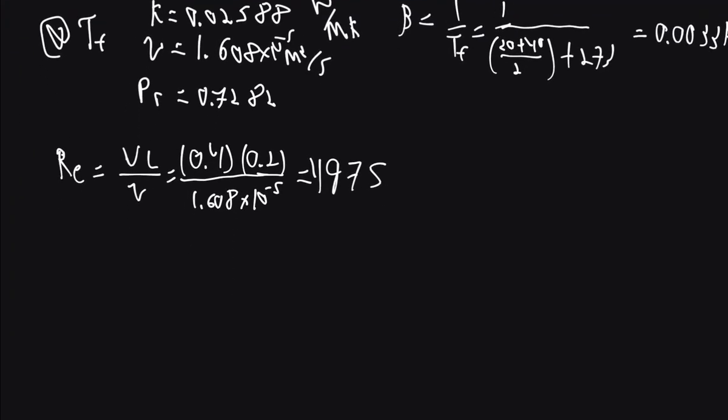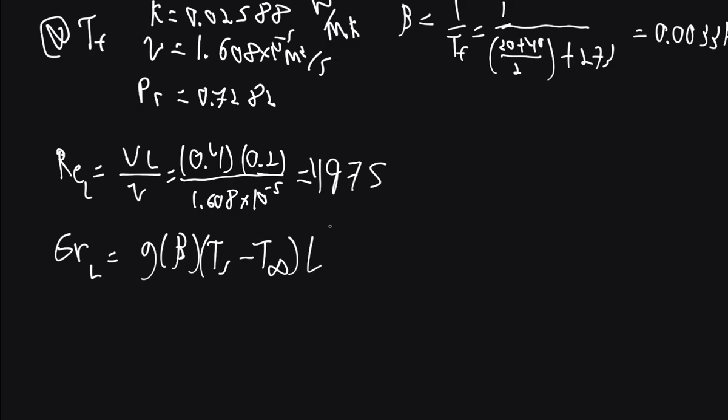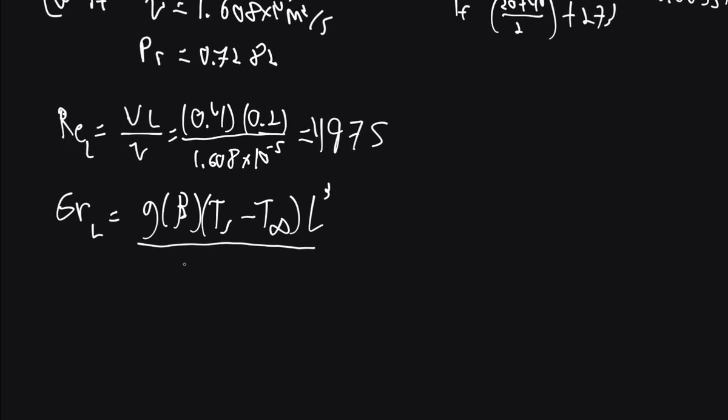And what we were doing in past videos for this chapter, the Grashof number is g times beta times the temperature difference times the characteristic length cubed, divided by the kinematic viscosity squared. So this is metric, 9.81.